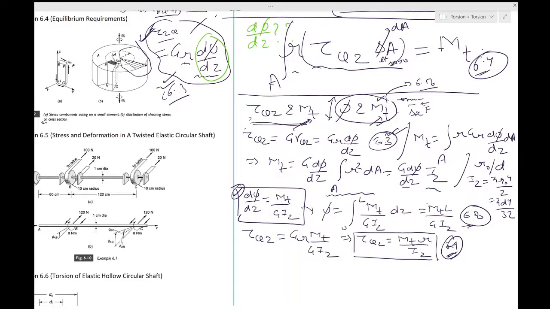Now what happens is that in many practical cases, Mt is applied by the jaws of a wrench. So this is the bolt, you have a nut, and then you have a wrench, and you want to apply this Mt. The actual stress distribution at the end, although statically equivalent to Mt, is widely different from that of figure 6.9.